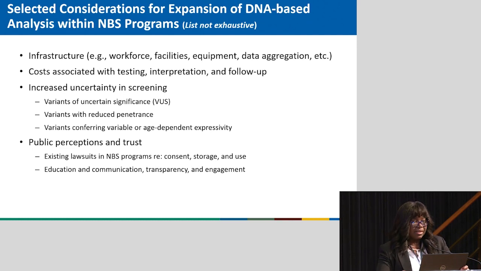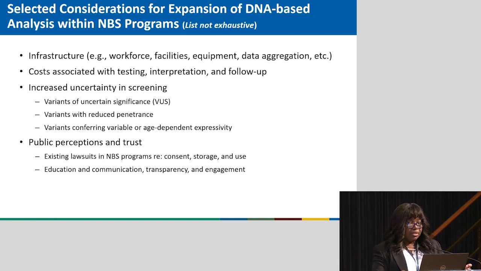The third is that, assessing the current use of single gene sequencing within newborn screening programs, we do see that there is a very high rate of uncertainty with this type of testing. When we open up sequencing to a population with no true phenotype other than conservatively set biochemical findings, we detect high rates of VUSs, sometimes around 50% of our variant findings, and variants with reduced penetrance, variants conferring variable or age-dependent expressivity.